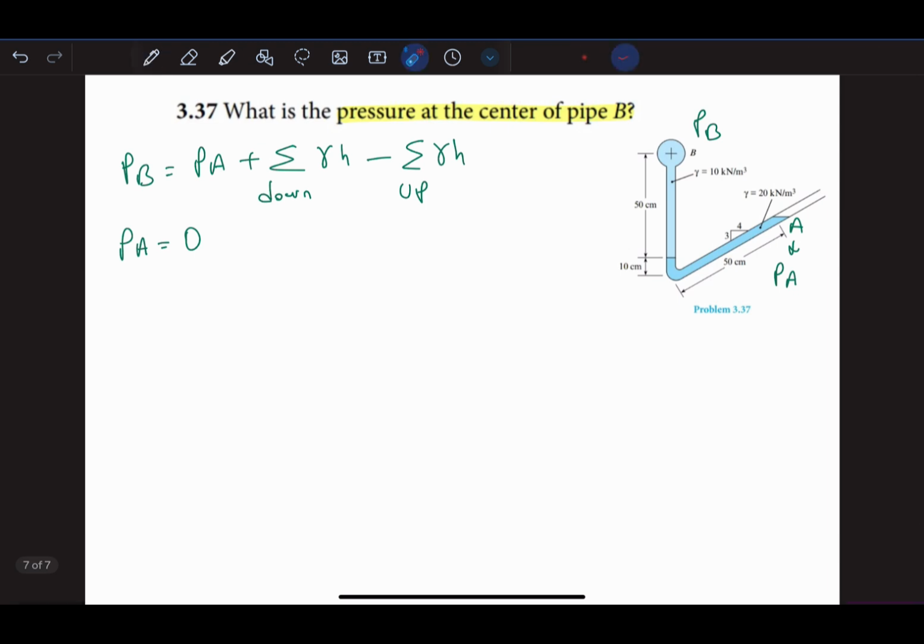So let's get started from A to B. We have PA. We will have this much down. So we will have 30 centimeters, or it is going to be 0.3 meters. So let's say we have 0.3 meters times the specific weight of this first fluid, which is 20 kilonewton over cubic meter.